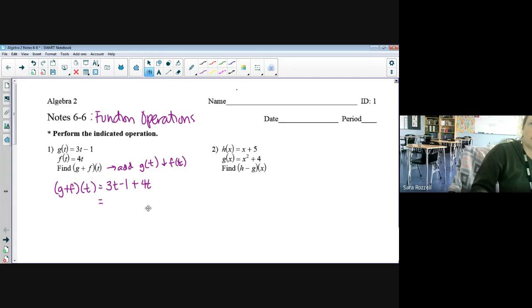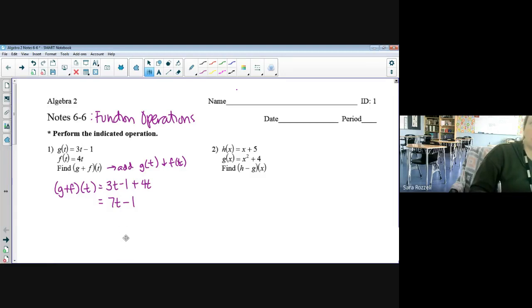We'll combine like terms, and then we'll be done. All right, I have a 3t and a 4t, and that makes how many t's? 7. 7d, not really, 7t, minus 1 would be our answer. So g plus f of t just says add together the g function and the f function and combine like terms.